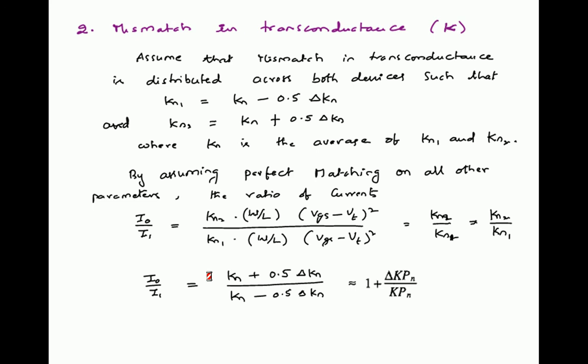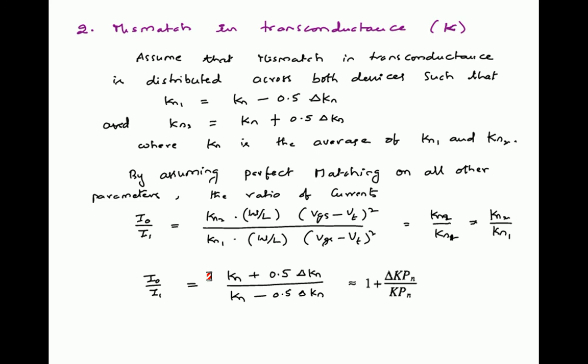K is equal to mu into COX. Mu is the mobility of charge carriers, and COX is the oxide capacitance. Both are not in the designer's hands. The designer cannot change these parameters once the process technology has been adopted. So K is called the process transconductance, whose value is fixed for the given technology.